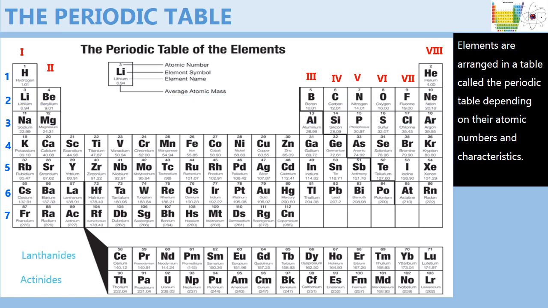We also have the lanthanides and the actinides that are located between these 4 elements. As you can see, they have been zoomed out so that you can see them clearly.